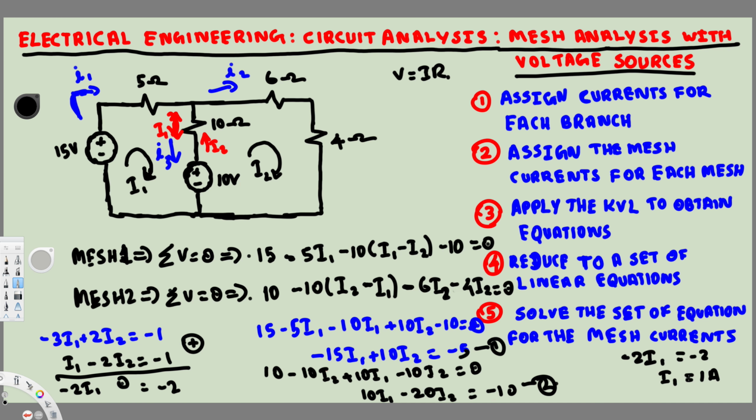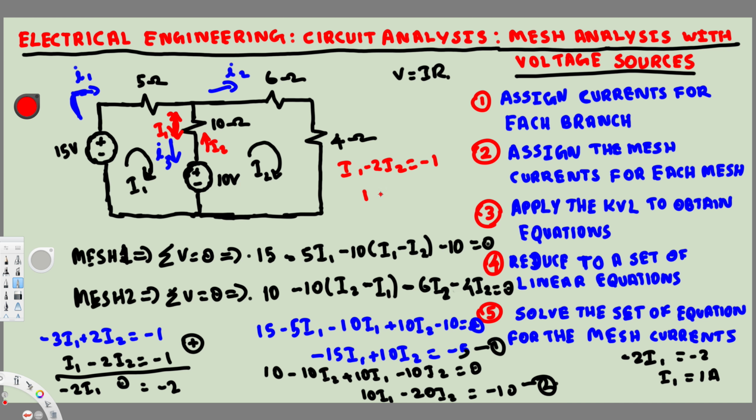Now we can use this one to find out the other one. Let's take this equation, i1 minus 2i2 is equal to minus 1, and here I'm going to plug in i1.